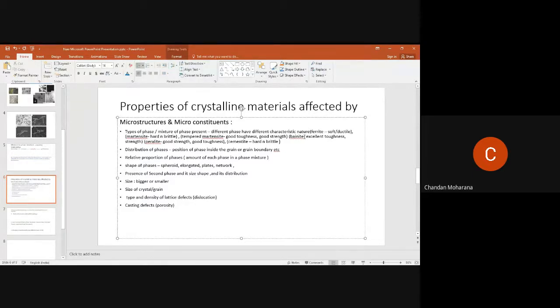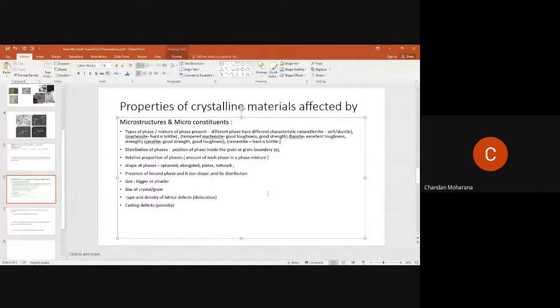Those plates are ferrite plates, and the distribution of cementite will decide whether it is upper bainite or lower bainite. If the cementite is in between the ferrite plates, like a sandwich, that is upper bainite. In lower bainite, the cementite is somewhat inside the ferritic plate and somewhat in between the ferritic plates. That is called lower bainite. Now I think you recall those things. You can check your class notes if you want.